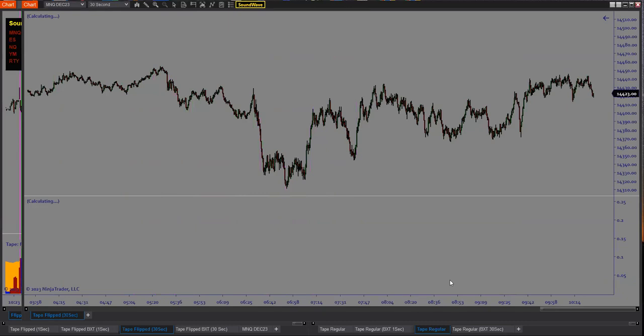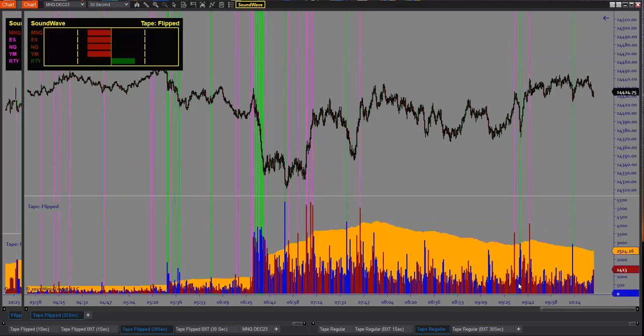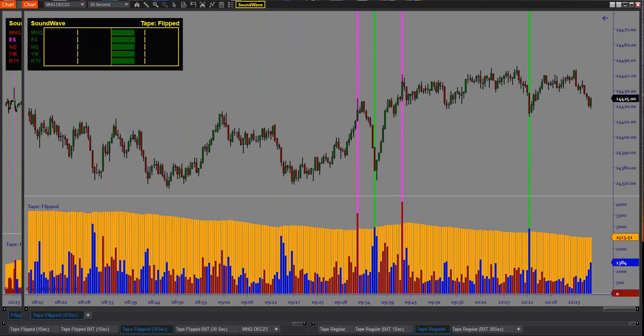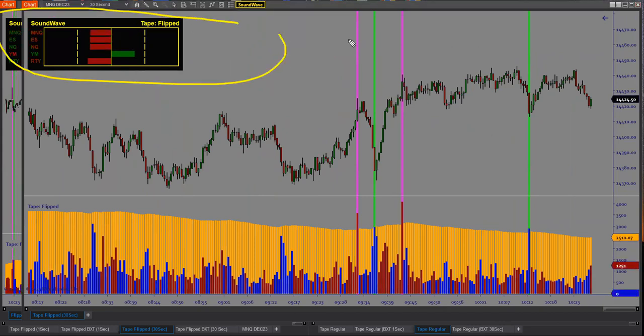Now what this is saying is that these signals are happening on the bar because this needs to happen for 30 seconds, or the average of the 30 seconds happened at the close of the bar, right?